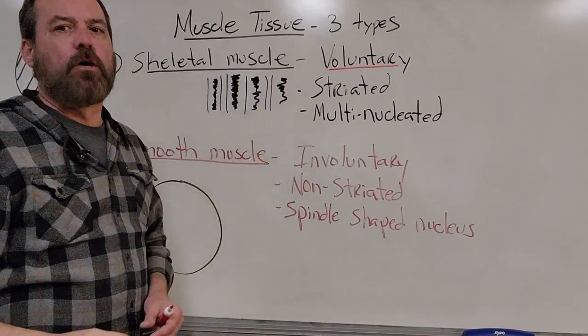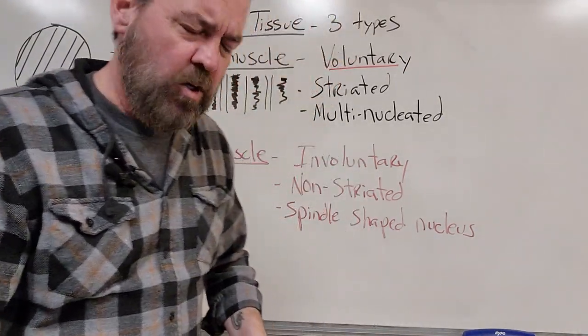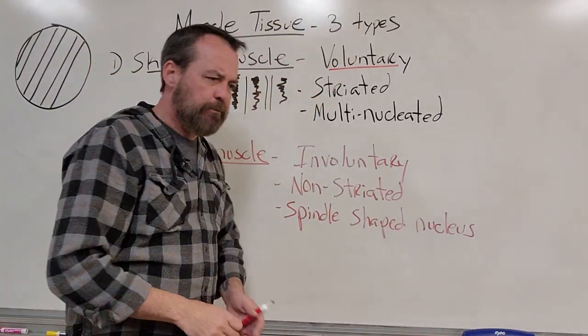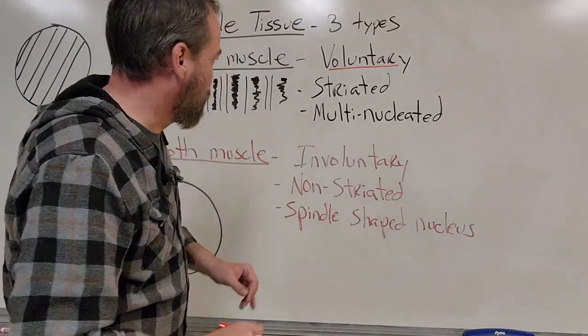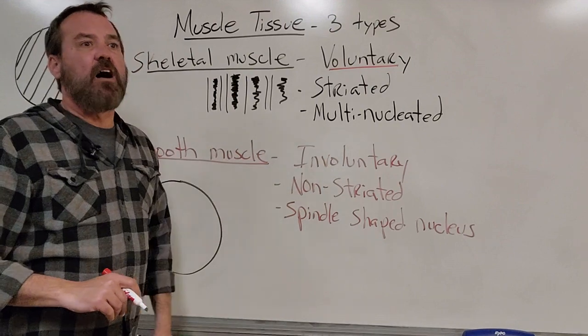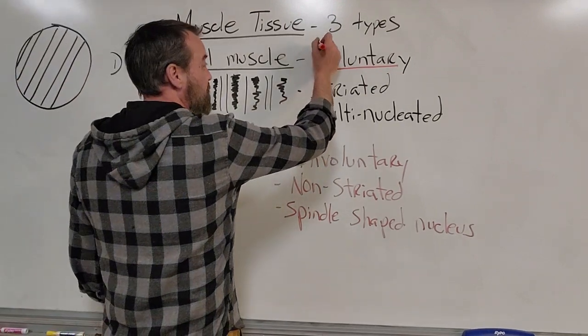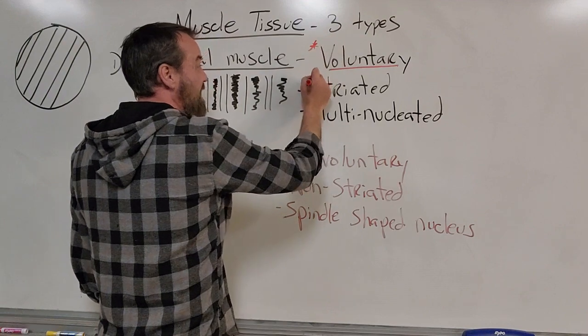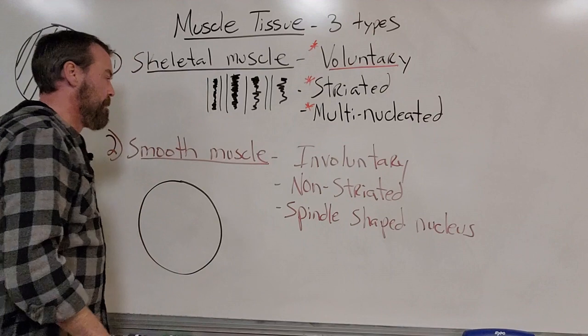That pattern is called a striation. And if you've ever thrown a steak on the grill or looked at a raw cut of meat, you can see there is a repeating pattern in that texture with skeletal muscle. Skeletal muscle is also multinucleated. So the big things we need to know about skeletal muscle, it's voluntary muscle, it is striated, it has that pattern, and it is multinucleated.